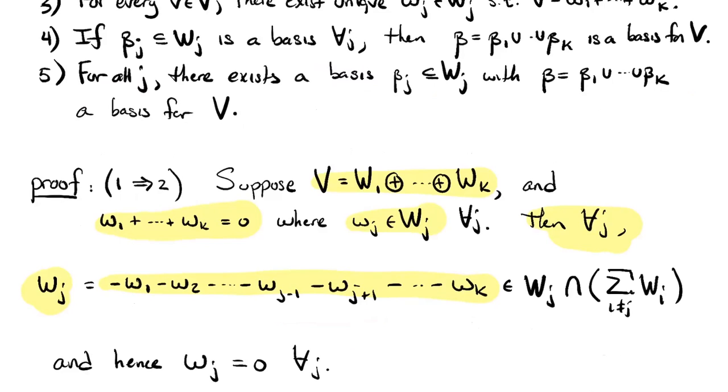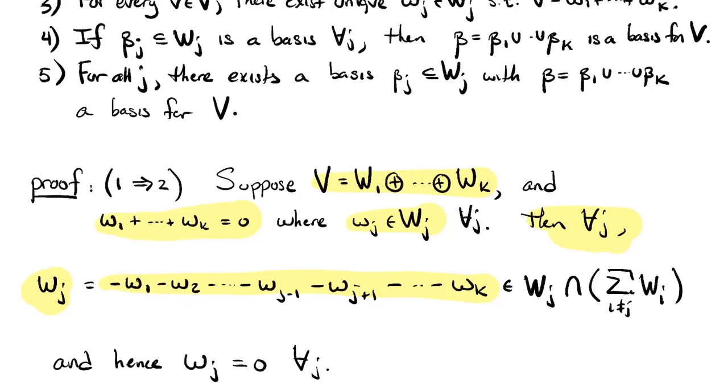That thing, by definition, is an element of Wj, because it equals wj. But it's also an element of the sum of the other subspaces, because each of these other elements is from those other ones, and any linear combination of them is in this sum. If w1, for example, is in capital W1, so is its opposite, because it's a subspace.